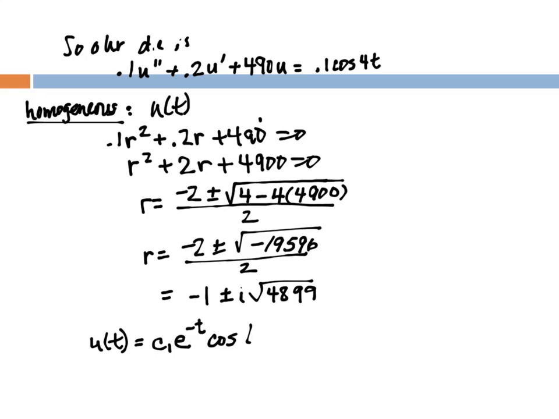Just for fun, I'm going to put the t first so that I don't worry about it being unintentionally grouped underneath my radical. So this is c1 e to the negative t cosine of t square root 4,899, plus c2 times e to the negative t sine of the same silliness.